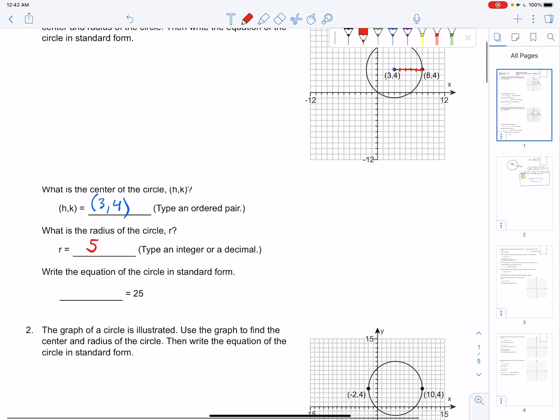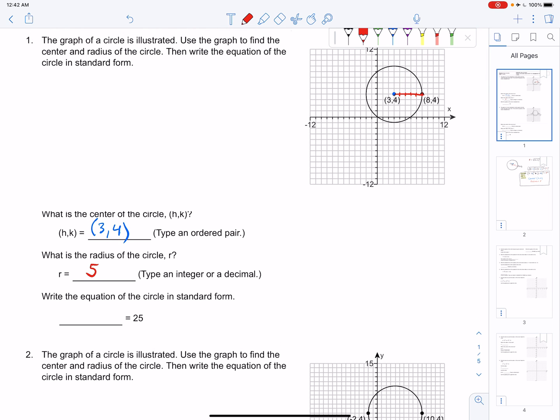If it wasn't that easy, you could use the distance formula: d equals the square root of the difference of the x's, quantity squared, plus the difference of the y's, and all that. That would give you the distance also. But that is our radius. Reviewing the standard form again, it's x minus h quantity squared plus y minus k quantity squared equals r squared.